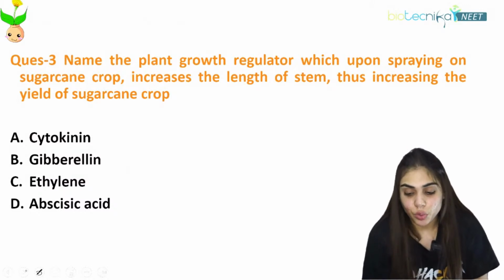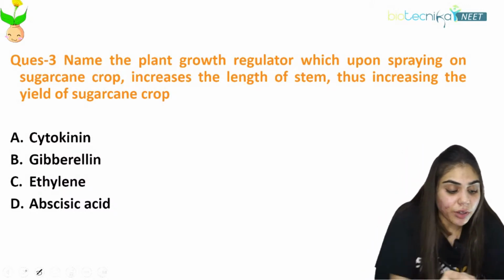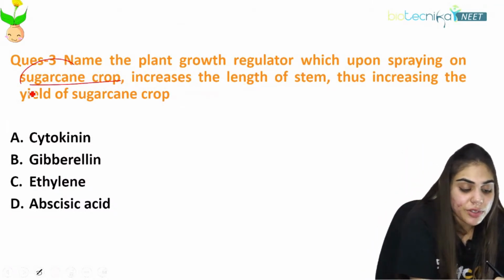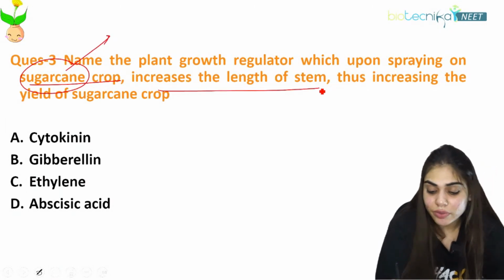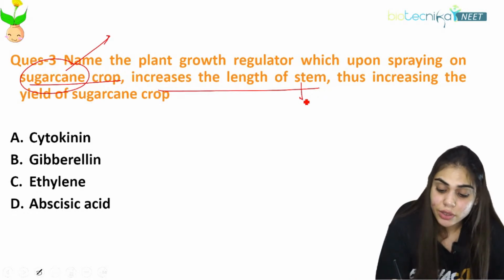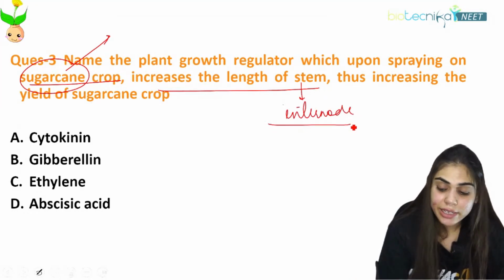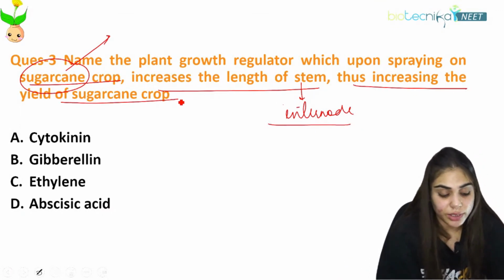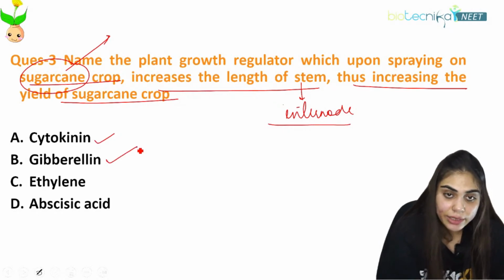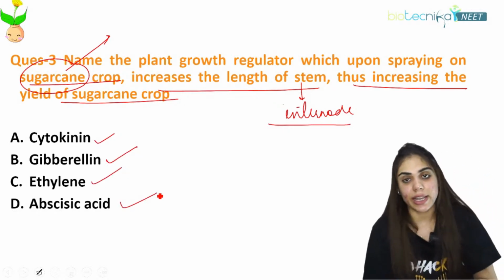Name the plant growth regulator which upon spraying on sugarcane crop, we have studied sugarcane in one hormone only, increases the length of the stem, that is, it is focusing on internode elongation, and thus increasing the yield of the sugarcane crop. The options are cytokinin, gibberellin, ethylene, or abscisic acid.